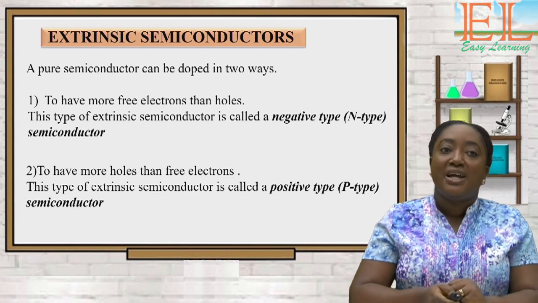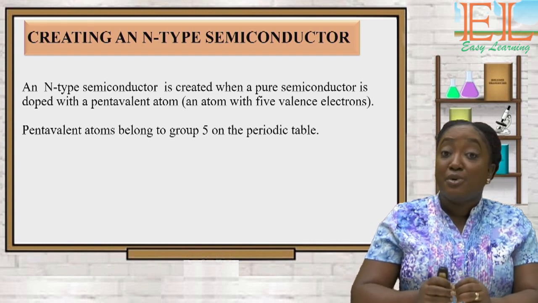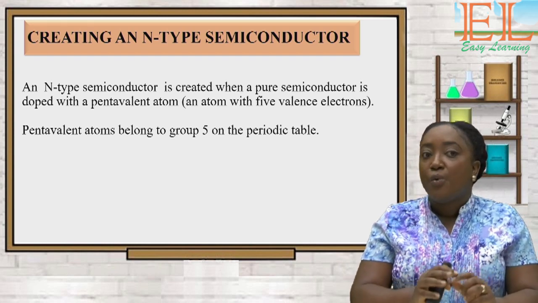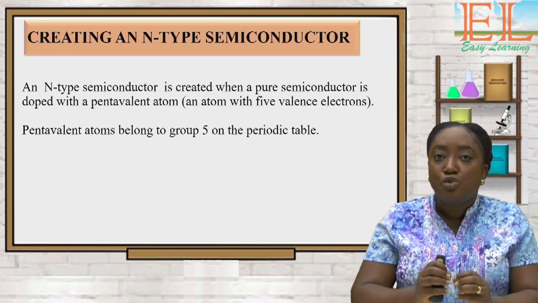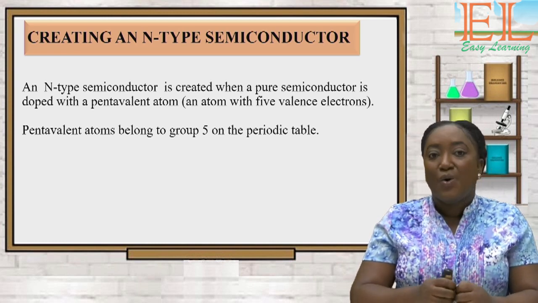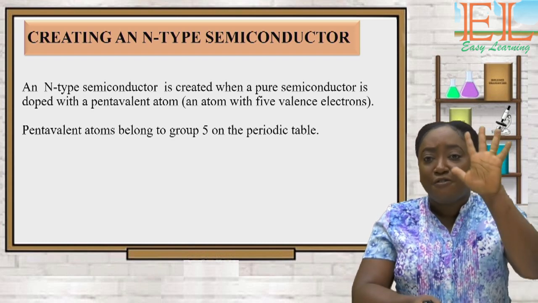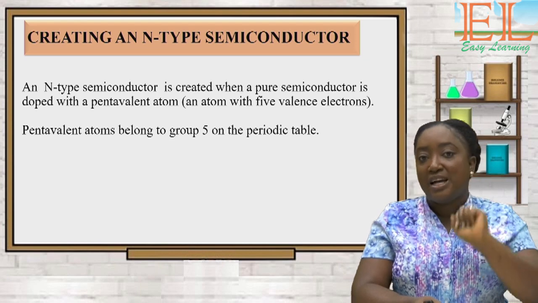So now, let's create an N-type semiconductor. An N-type semiconductor is created when a pure semiconductor is doped with a pentavalent atom. What we mean by pentavalent atom is an atom that has 5 electrons in its outermost shell.